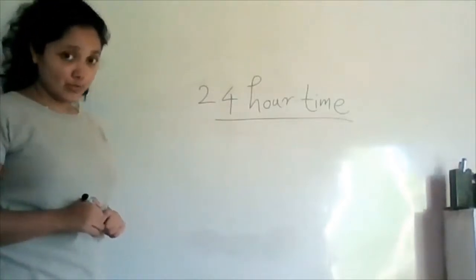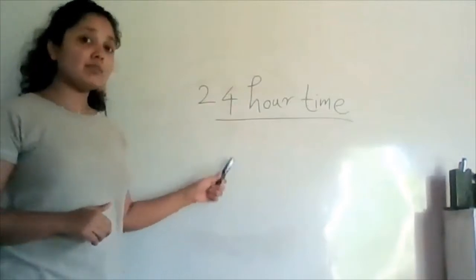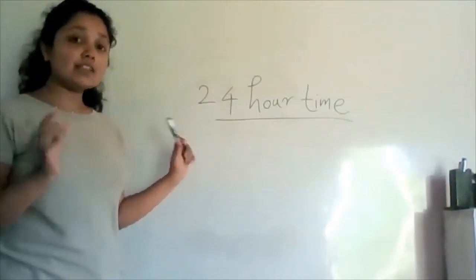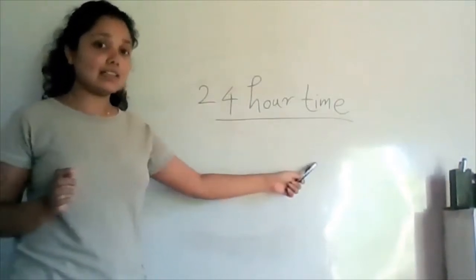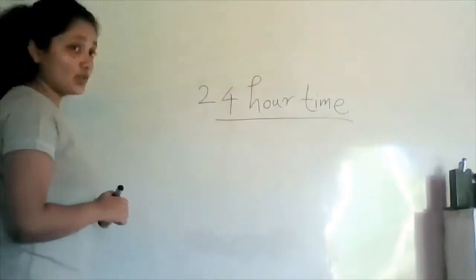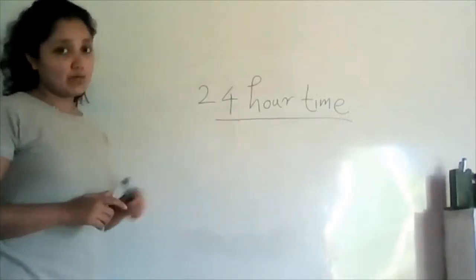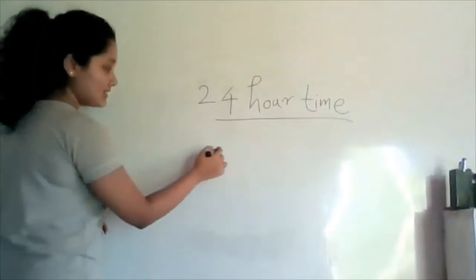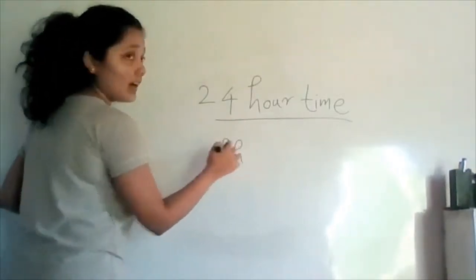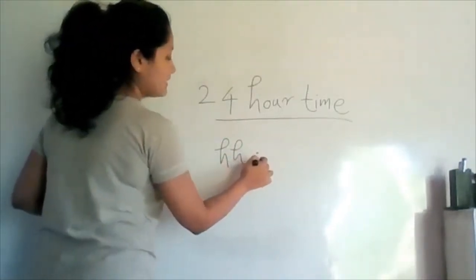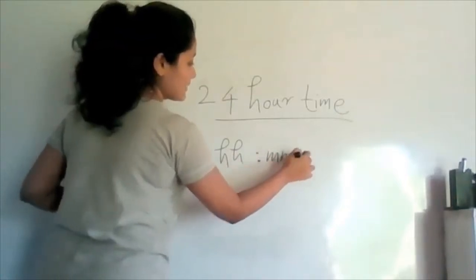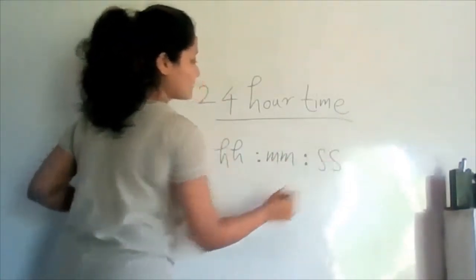the first thing, always you need to use 2 digits, and you have to mention the hours, minutes and the seconds, right? In 24-hour time you need to mention the hours, the minutes and the seconds.